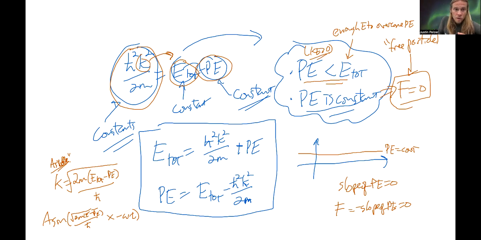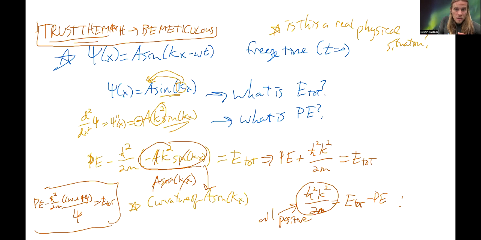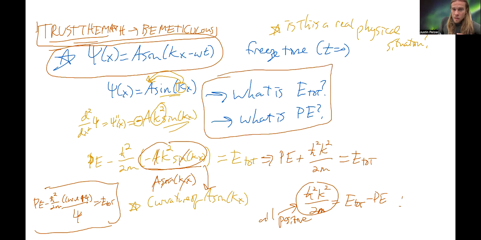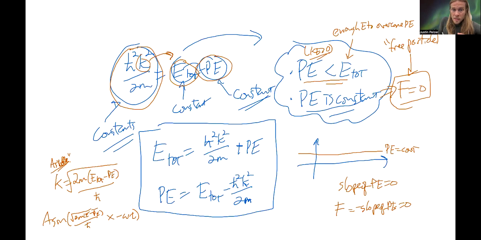This all came from, I want to know what is the situation for this? What is E total and what is PE? And then, of course, what is the force? And what we get, and I hope this makes sense, don't want to overthink it, we got that PE is constant, which means force is 0.